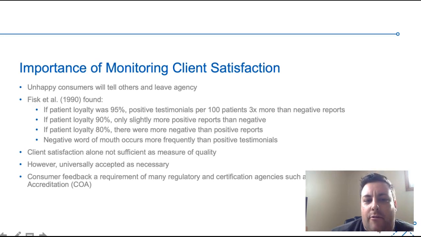If patient loyalty was around 95%, there were far more positive testimonials than negative reports. However, if patient loyalty dipped to 90%, there were only slightly more positive reports than negative reports. And if patient loyalty dipped to 80%, there were more negative testimonials than positive testimonials.